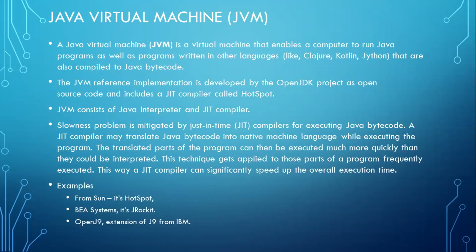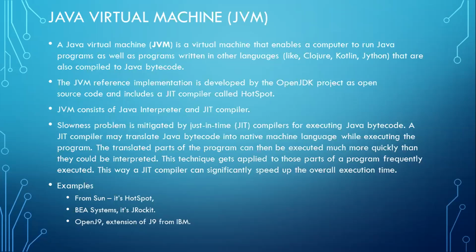Just for your information, it's good to know that the JVM reference implementation is developed by the OpenJDK project. It's an open source project. You probably heard of Hotspot, JRockit, and J9. These are the different flavors of JVMs we have.